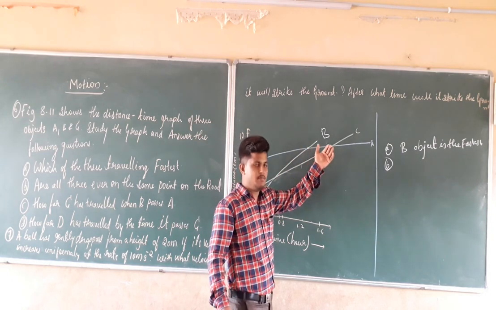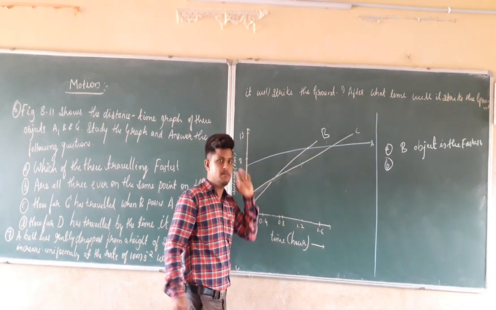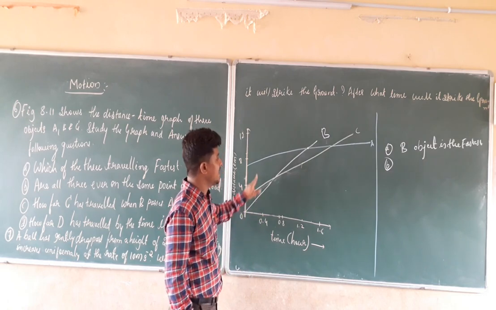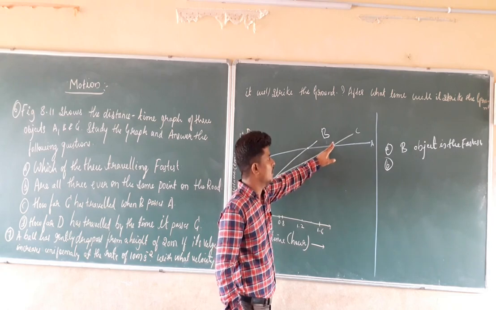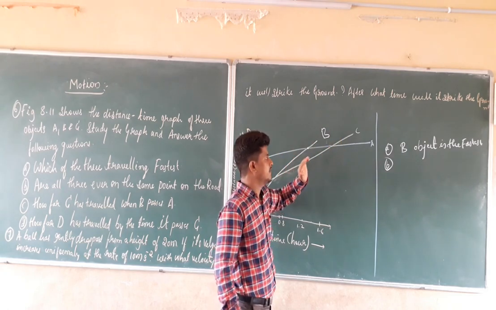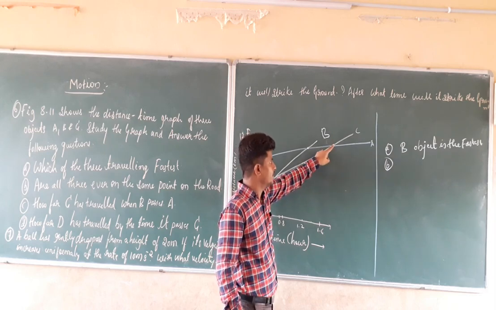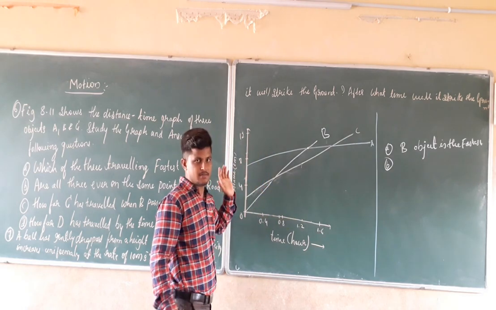A and B will be at the same point because of the intersection of A and B. In the same manner, A and C are intersecting at this point. So we can say that A and C will be on the same point on the road after this much time, after covering this much distance.